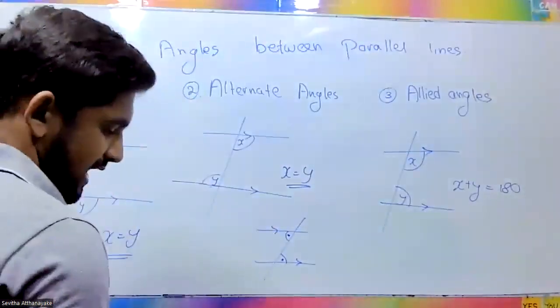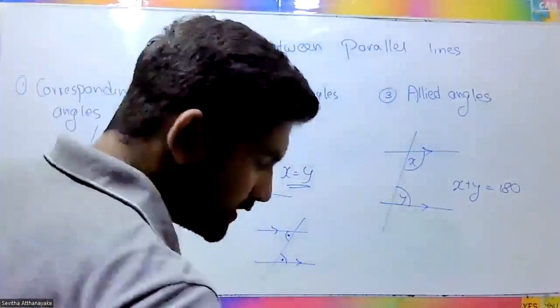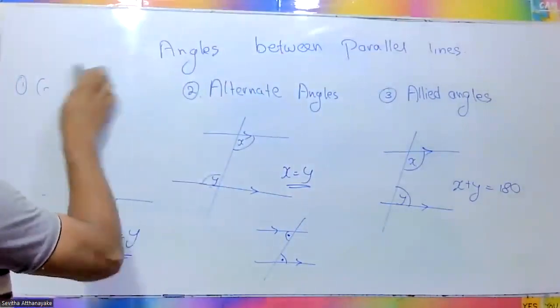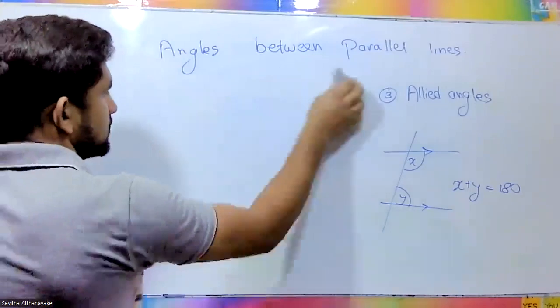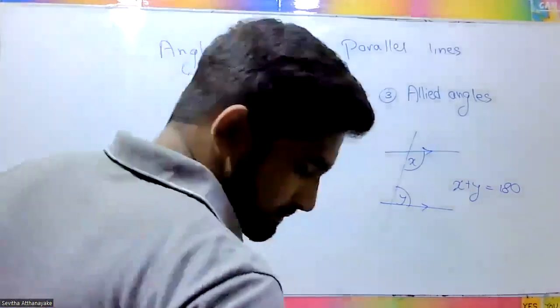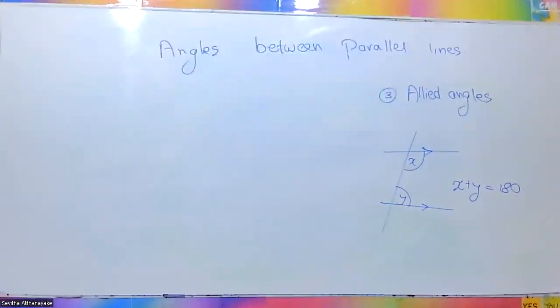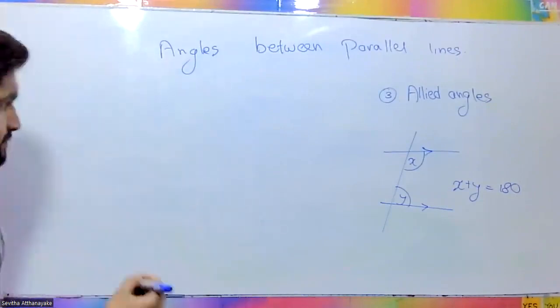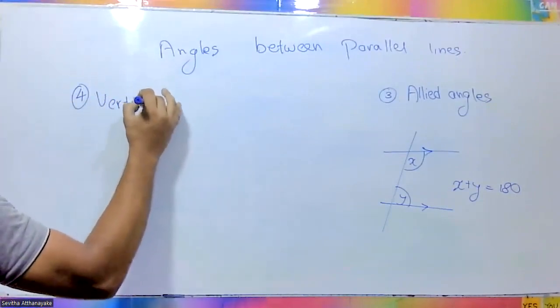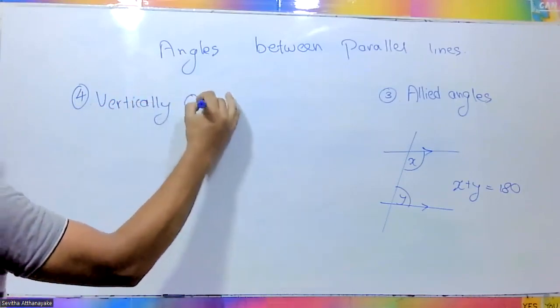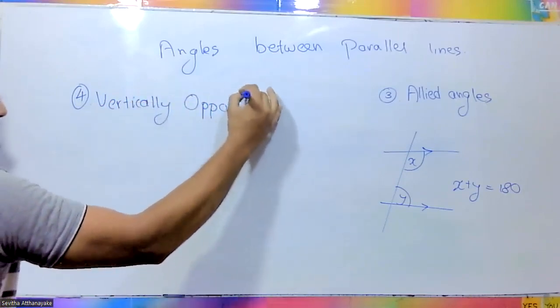Next one, we have vertically opposite angles. Vertically opposite.